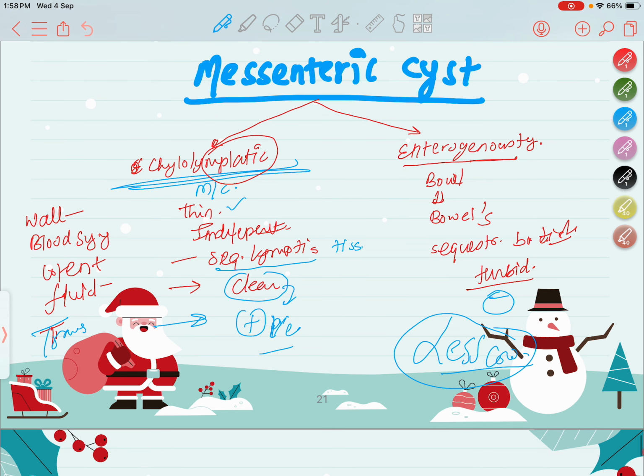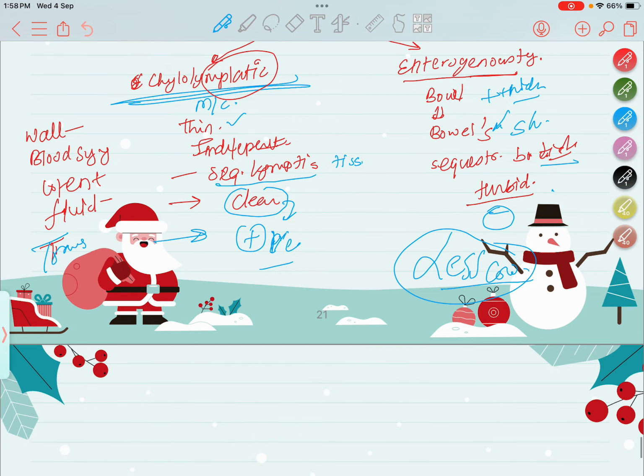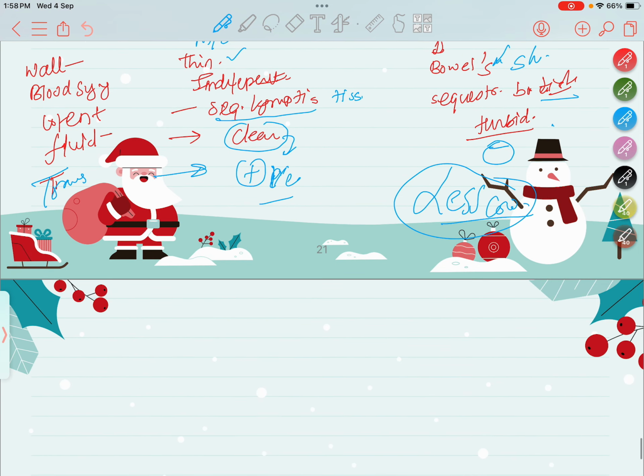Whereas enterogenous is less common, but the wall is thick, which is of the bowel itself. The content is sequestrated bowel tissue, and the blood supply is shared with the bowel. The fluid is turbid, and the transillumination test is negative.